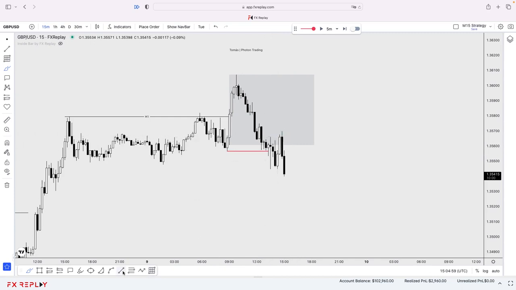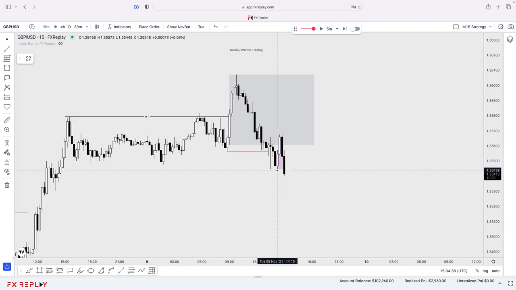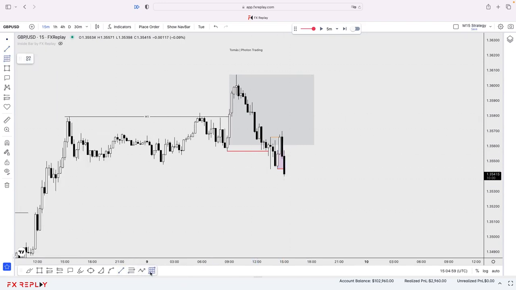So it mitigates the H1 POI, and the liquidity here gets taken. PBL is a sell to buy for me, but I'll just use this because it's clean at the moment, and we get to the same conclusion. And we have the change of character here. So the entry would be here.